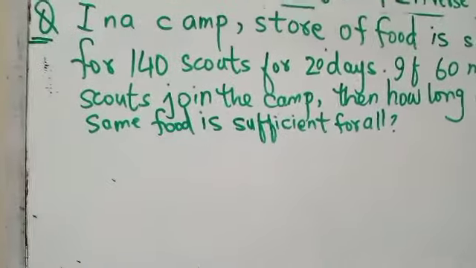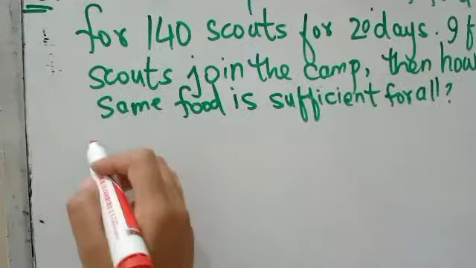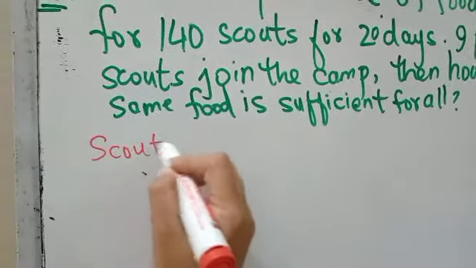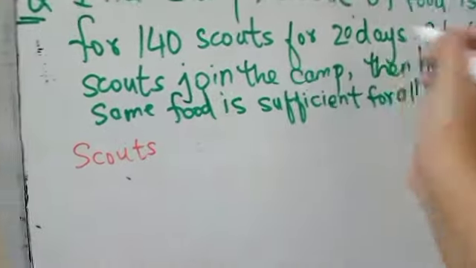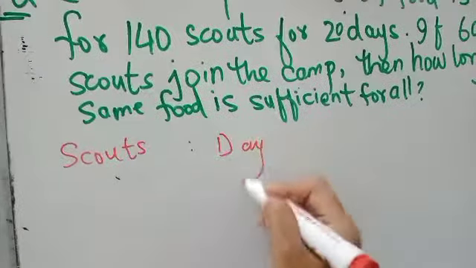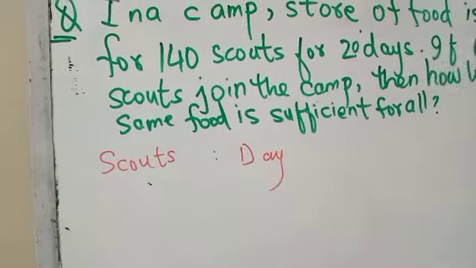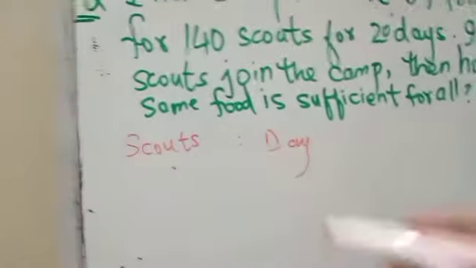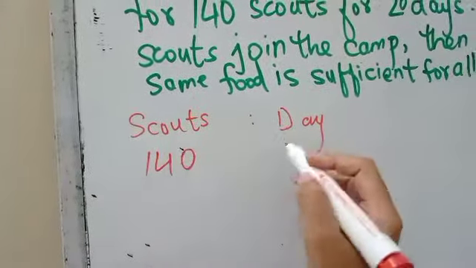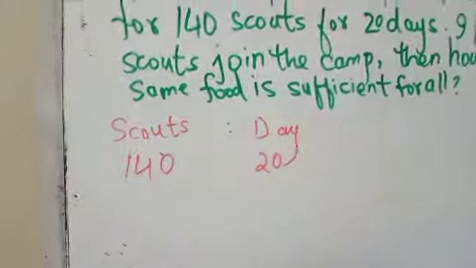Again, which two things are given to you to compare? They have given scouts and days. They are saying there is a camp and there is food for 140 scouts and it will last for 20 days. So 140 scouts and food is for 20 days.